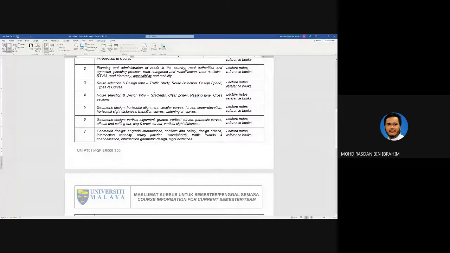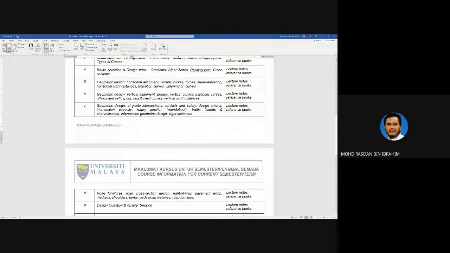I'll show you some example after this. And then the 5th week is going to be on horizontal alignment, circular curves, super elevation, and then vertical alignment on week 6. This is more about vertical curves, sag and crest vertical curves. And then week 7, intersections.